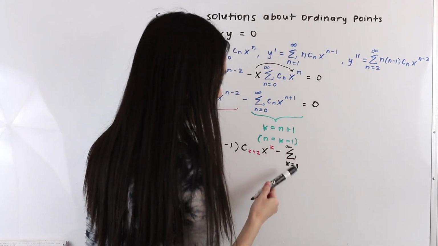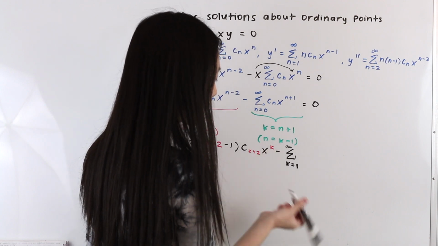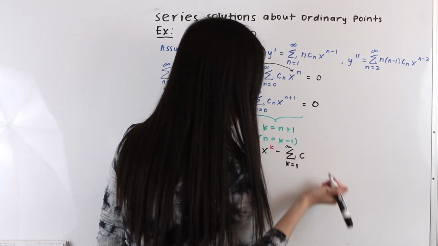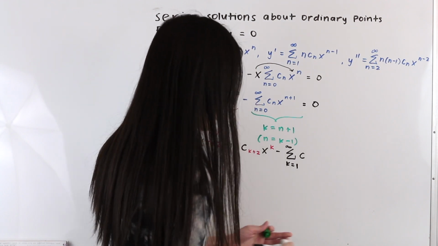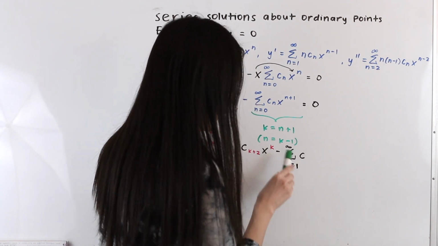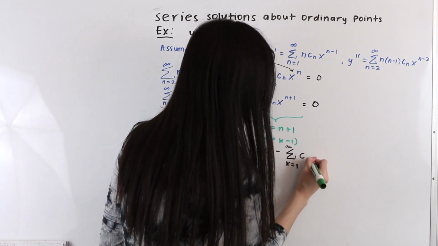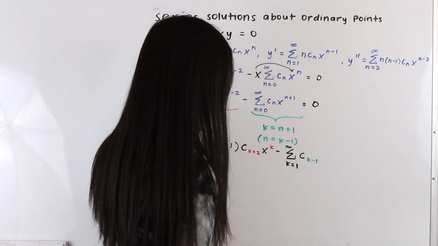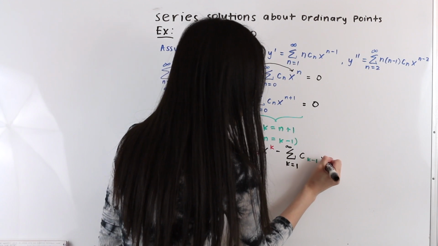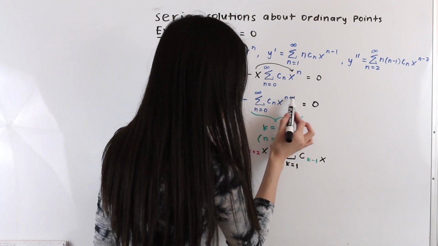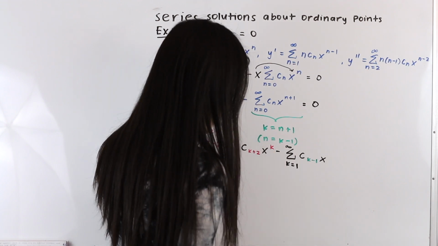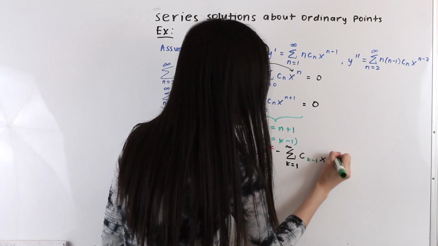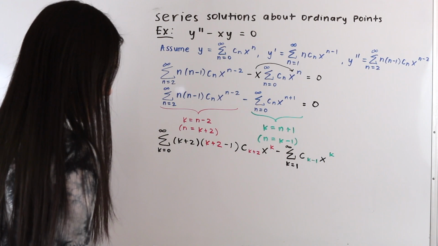So we have the summation from k equals 1 to infinity of c, and then we have our n, which we are going to replace with a k minus 1. And then we have an x, and then that is to the n plus 1. So we are going to replace this n plus 1 with a k. And let's go ahead and set this equal to 0.